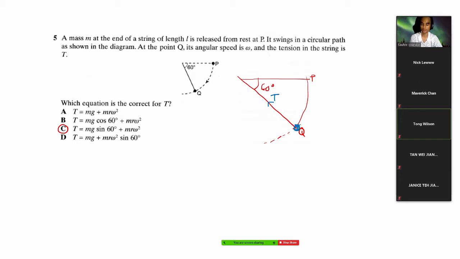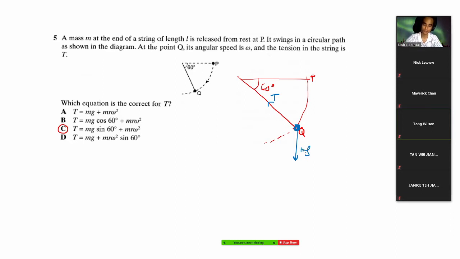There will be a pendulum pulling, so tension will be going up. At point Q on the circular path there is tension, and mg is pointing down.